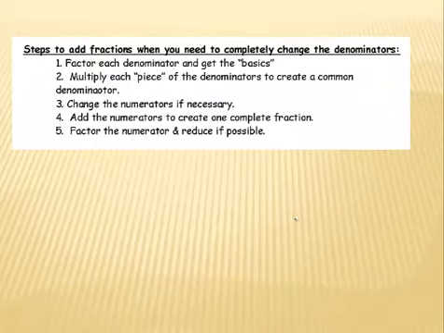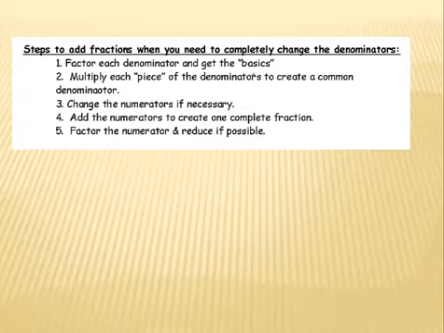It becomes a little more difficult when the denominators are not the same. Before, I said get a common denominator, rework the numerators, and then continue on with the problem. Well, it's a little more complicated than that. So here's a more detailed list of what you want to do. Factor each denominator and get the basics.